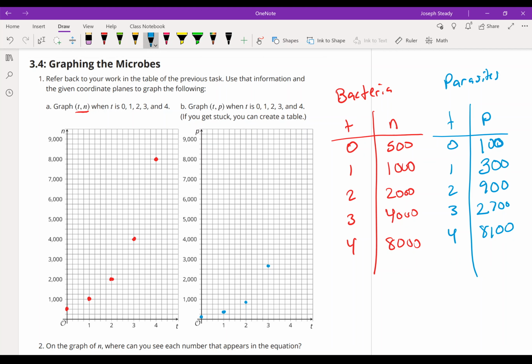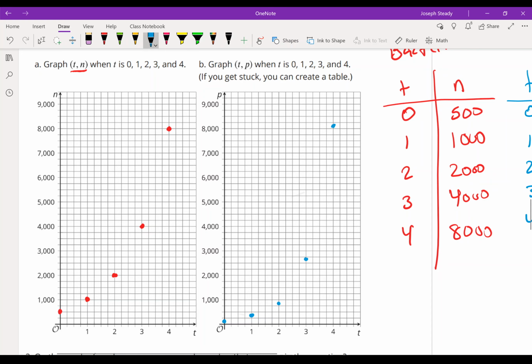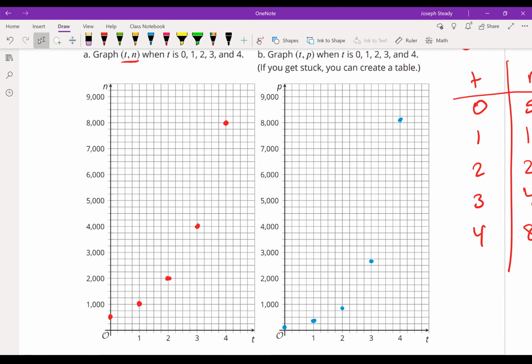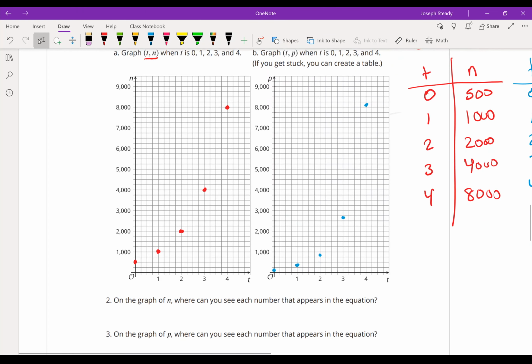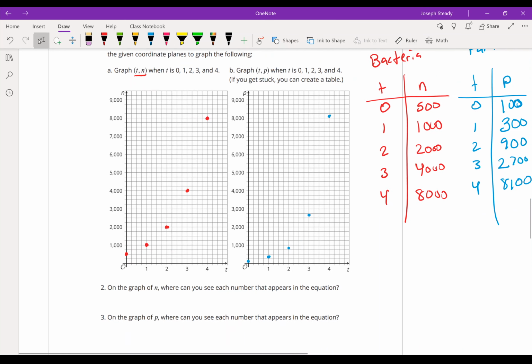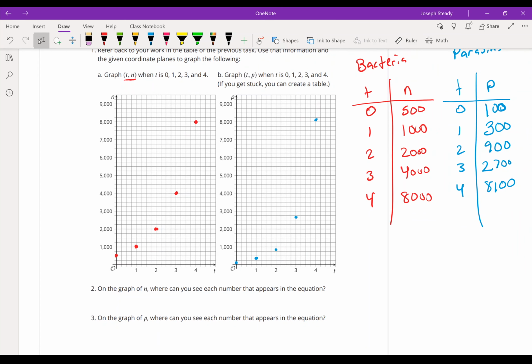And then 4 comma 8,100. So now we're jumping way up here to just over that 8,000 mark. So when we look at these two populations, we can now see visually what is going on in those graphs. Right? They're both growing pretty quickly, and we're going to compare them in a moment. But first, there's some questions they want us to answer.